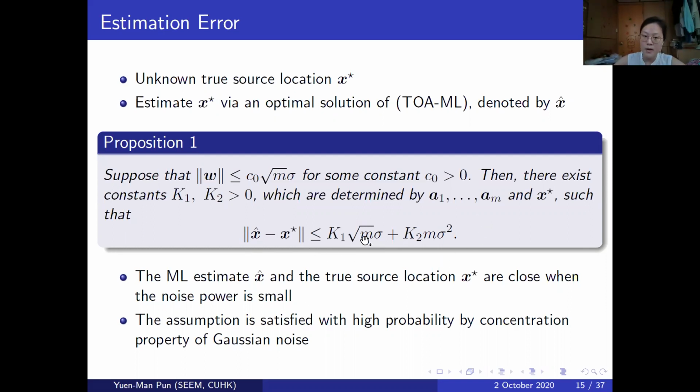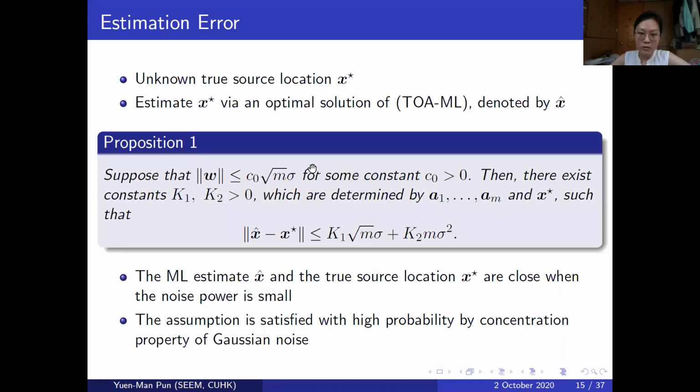As you remember, m is the number of anchors, sigma is the standard deviation of our measurement noise, and as you can see, the ML estimate x hat and the true source location x star will be close to each other when the noise power is small. K1 and K2 are constants determined by the positions of the anchors and the true location.